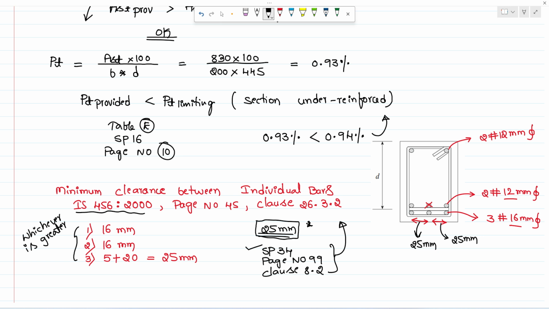So now we shall calculate the actual distance. So how to calculate the actual distance? So you have a beam width of 200 minus, on both sides you have a clear cover of 25 mm, and you are using two-legged stirrup, 8 plus 8, plus you have 3 bars of 16 mm dia. Okay.